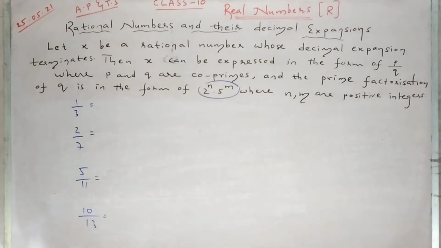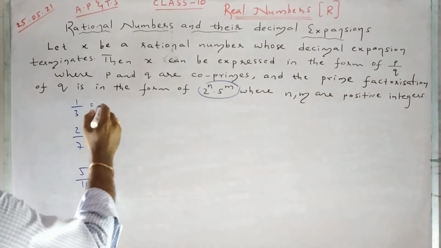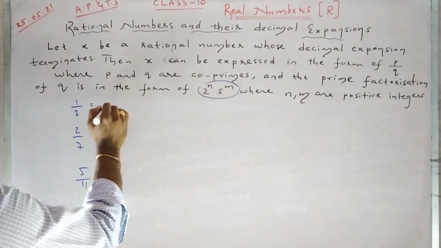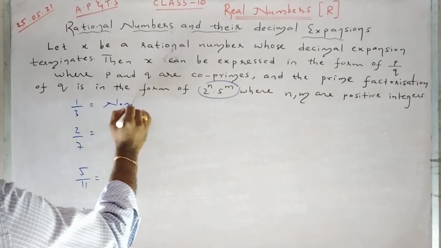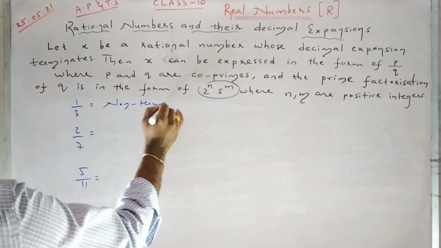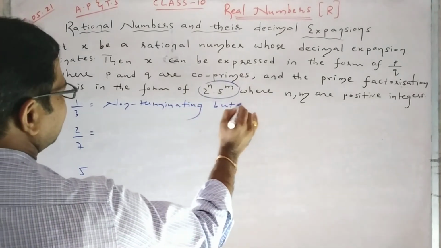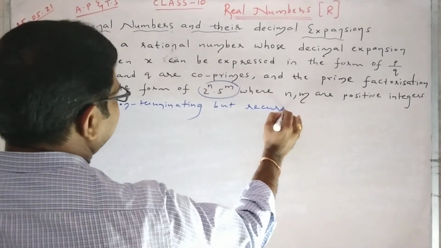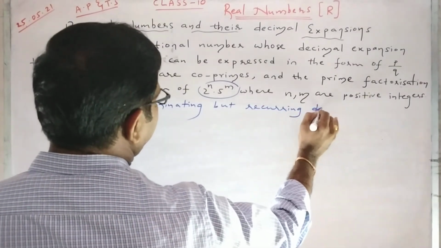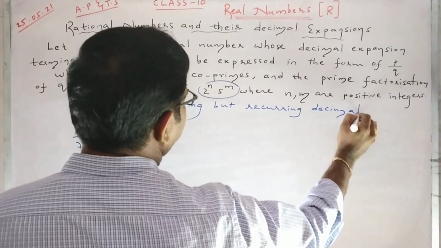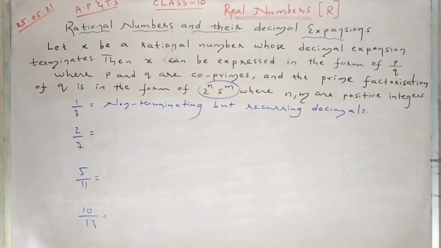Only prime numbers other than 2 and 5. That means these are non-terminating recurring decimals. Non-terminating but repeating means recurring. Recurring decimals. Non-terminating but recurring decimals.